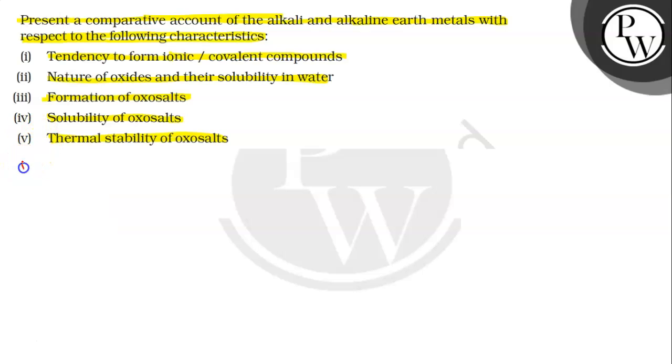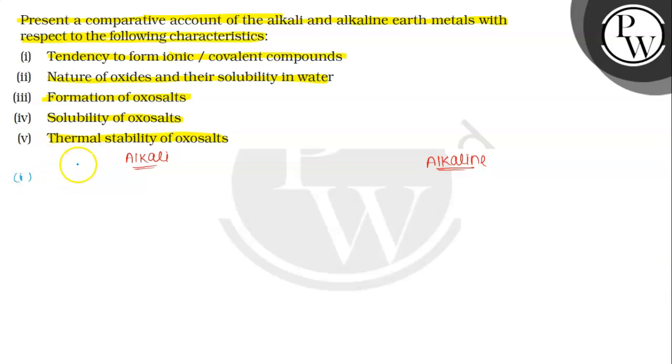So first is the tendency to form ionic or covalent compounds. On the left side we will discuss the alkali metal compounds, and on the right side the alkaline earth metal compounds.